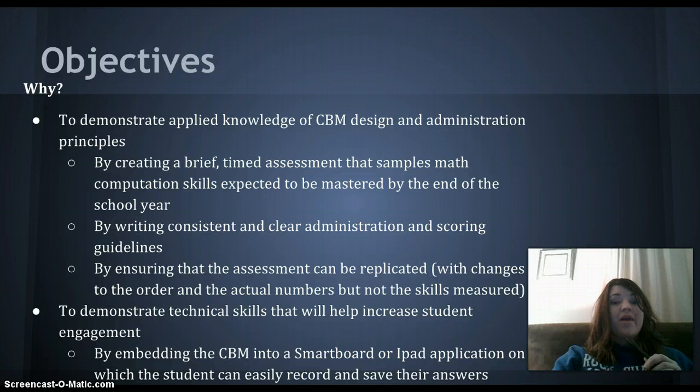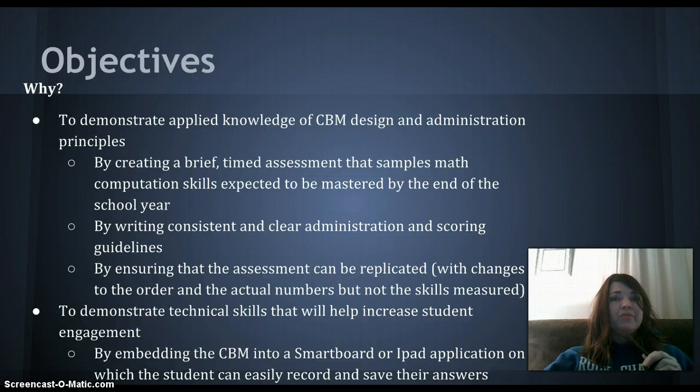So in order for these to be interpretable, they need to be delivered consistently, and that's why the administration has to be the same every time. So whatever we are telling the students to do when they're taking their curriculum-based measure, we have to use those same instructions verbatim every time, and we have to score it in the same way every time.